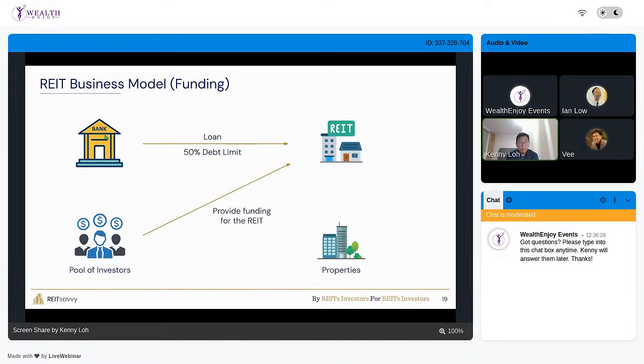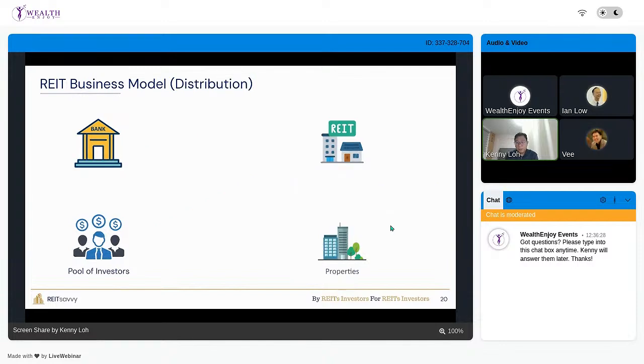They either borrow money from a bank or creditor, or raise funds from investors. After that, they buy real estate or property, depending on the investment mandate. They can buy commercial property, a factory, warehouse, hospital, or nursing home, depending on what kind of mandate.